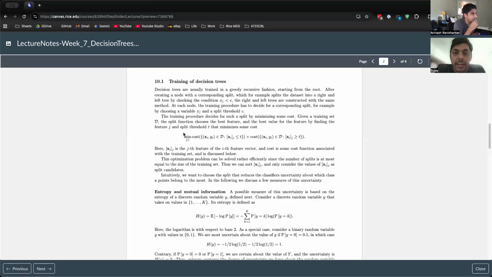The idea here is that at any point of time, suppose we have one region and you want to split it into more than one region based on a cutoff. Then we look at the cost after this split, in sample, meaning on the training data. We are not doing test data yet. So we minimize some kind of cost for all the points on one side plus the cost for the other side.